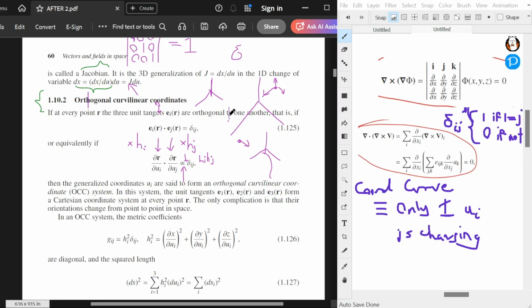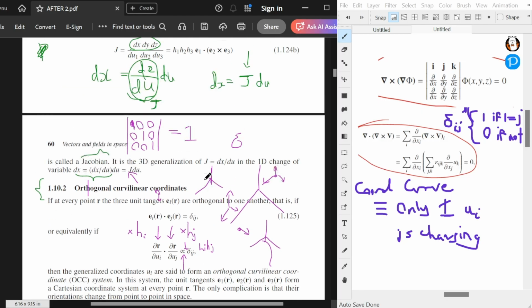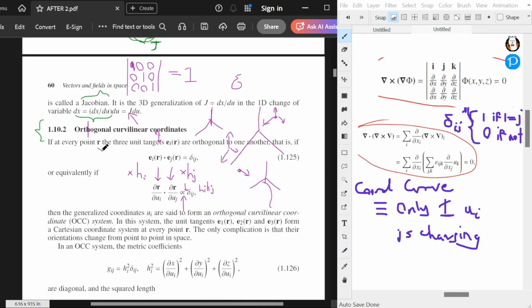You go over here, Y is up, Z is here, X is here. But for other coordinate systems, like maybe spherical, the directions change, so they're kind of changing from point to point.